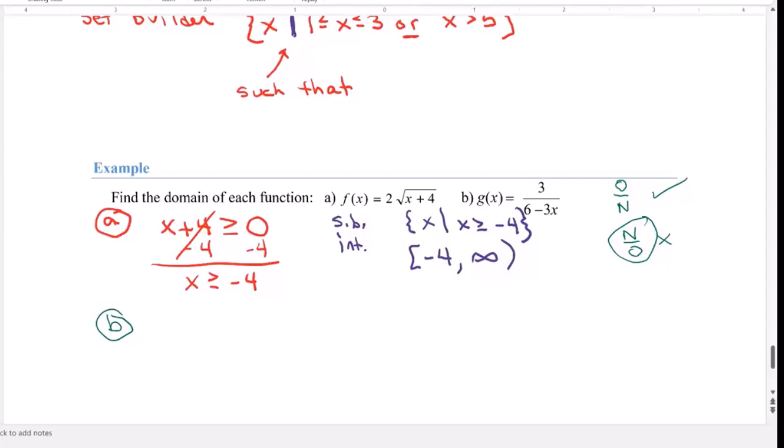Sometimes people forget which is which. That's like a little trick actually somebody in one of my classes showed me, so I'll share it with you. So we can't have 0 in the denominator. So I just say, okay, well, 6 minus 3x cannot equal 0. And I can solve for that, right? I can add 3x to both sides.